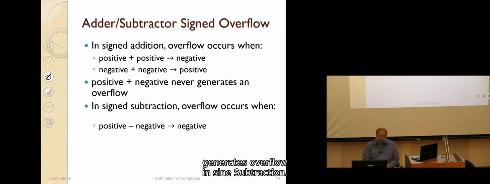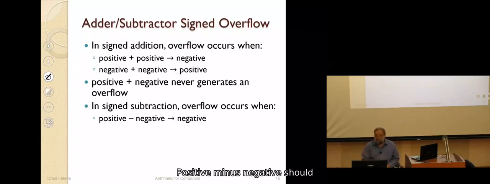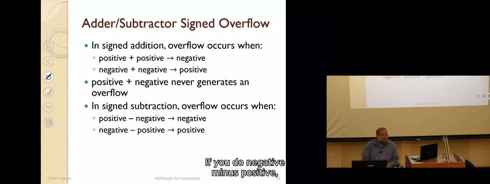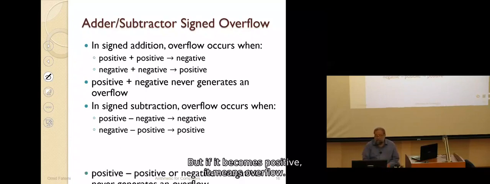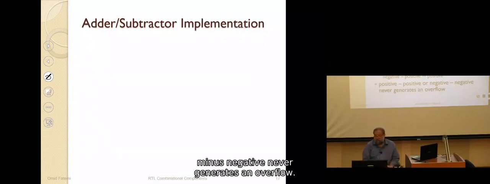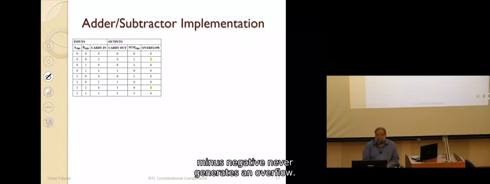In subtraction, positive minus negative should be positive. If it becomes negative, it is overflow. If you do negative minus positive, it should be negative, but if it becomes positive, it means overflow. And positive minus positive or negative minus negative never generates an overflow.